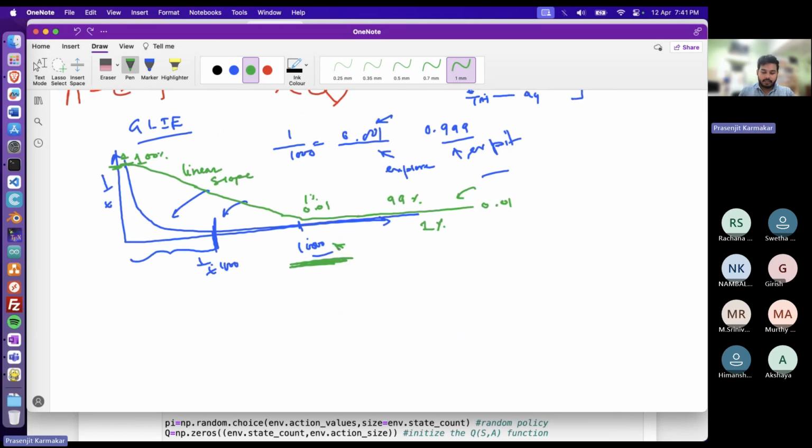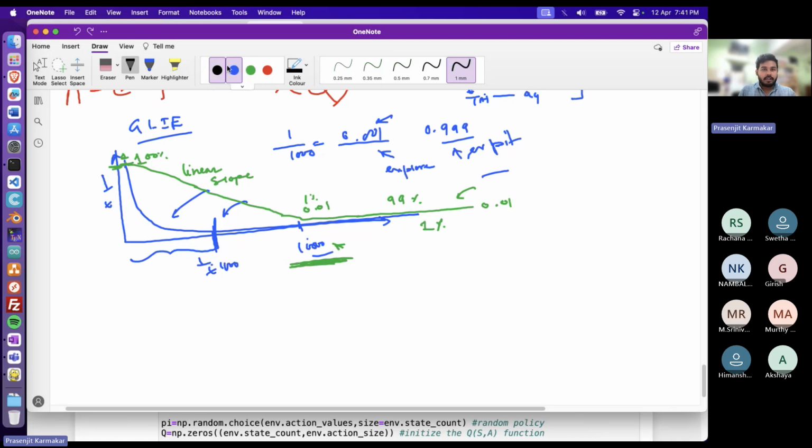let's just go and write this linear equation, right? So what are the initial positions here? It starts with t equal to 1 actually, right? t is equal to 1, epsilon to be 1, fine. And it ends at 10,000 or whatever is the steady state. Let's keep it x steady state, and my y is 0.01.